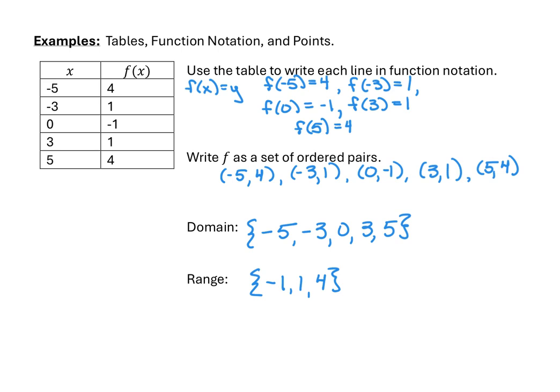The important thing to note is that any values that are repeated, for instance, I have 4 repeated and I have 1 repeated, we do not repeat them when we write our range out. We only report each number once. And so this is our range, and it covers all of them.